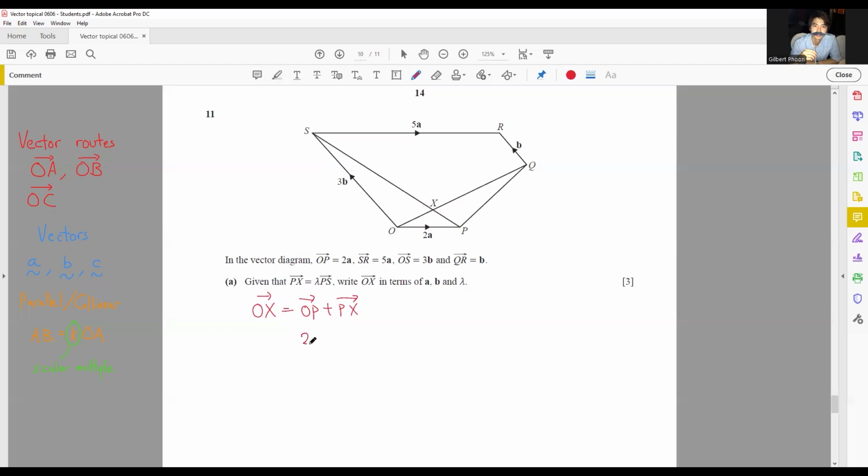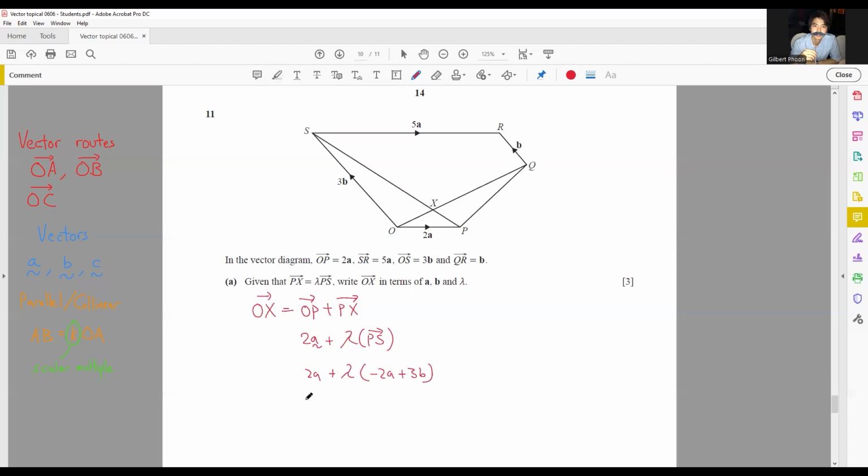O to P is just 2a, the vector, plus P to X. P to X is actually equal to lambda P to S. So we write that down as well, P to S. Then P to S can be this way here, which breaks down into negative 2a plus 3b plus 2a.